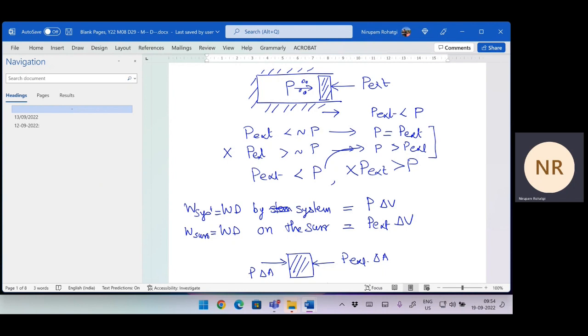The remaining work which the system did got transferred to the molecules of the system itself or to the piston. And if the piston stops, where has that energy gone? Into the molecules. Alright? And those molecules can be outside in the surrounding or inside. Even outside molecules will get the velocity, kinetic energy.